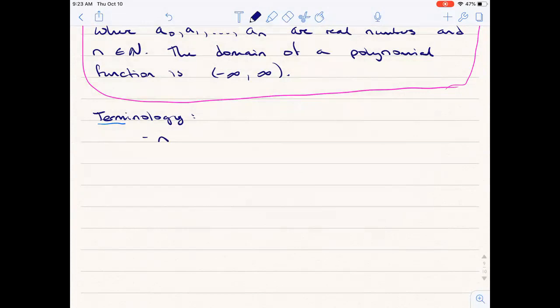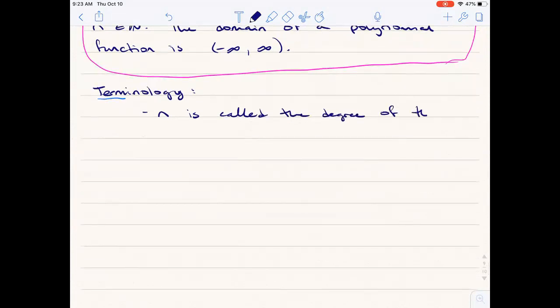N is called the degree of the polynomial. a_n x^n is called the leading term.